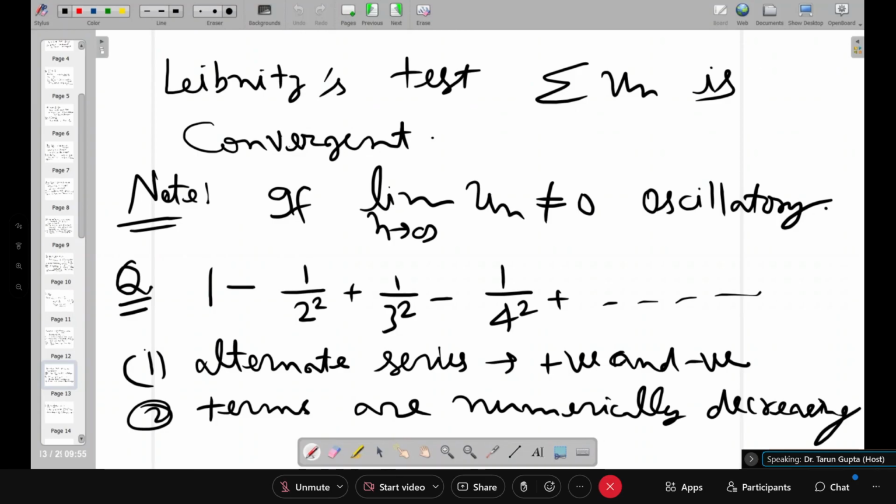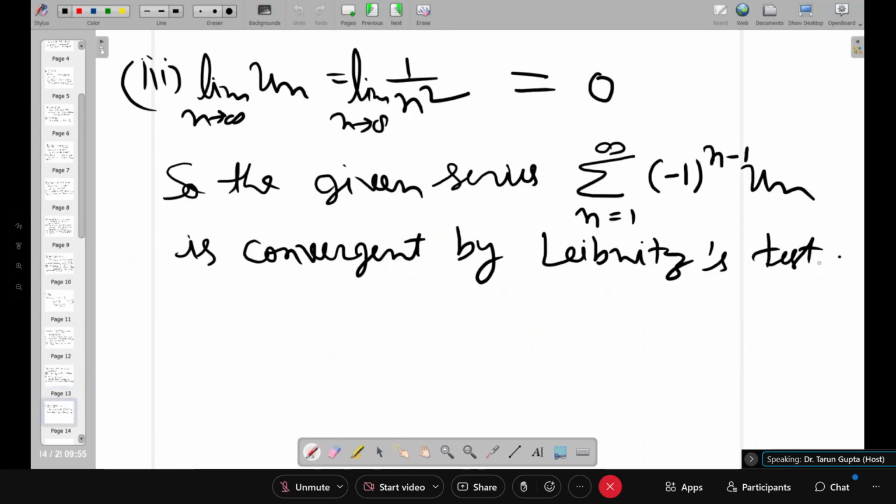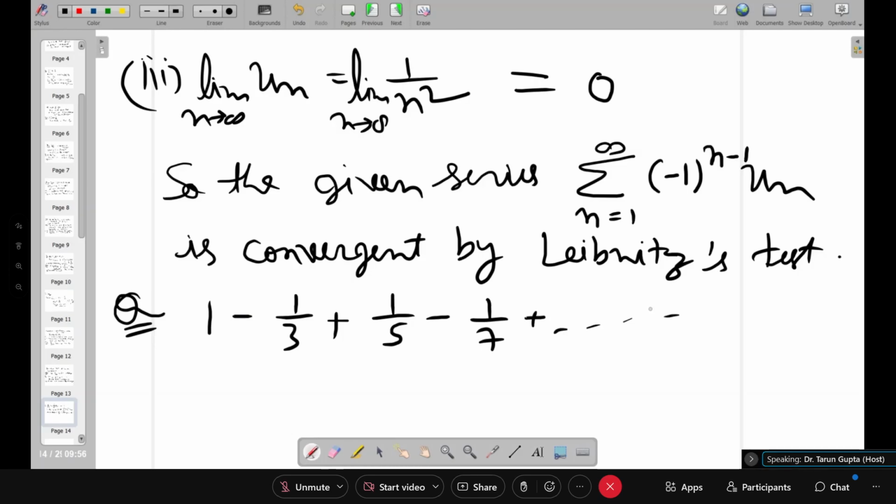Now next question is, suppose 1 minus 1 by 3 plus 1 by 5 minus 1 by 7. This is the series.